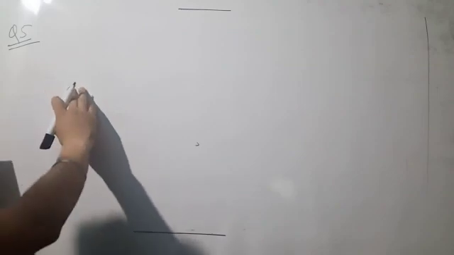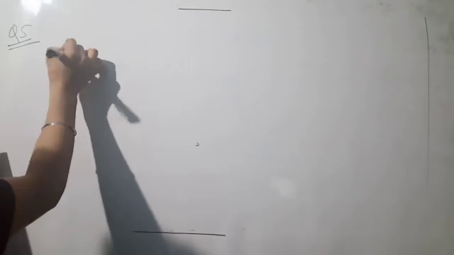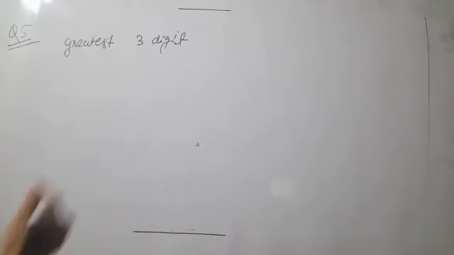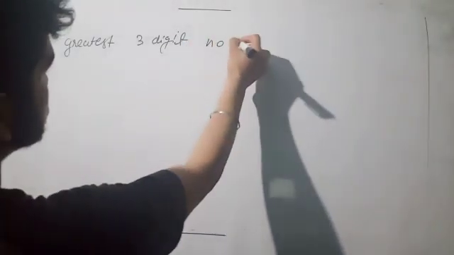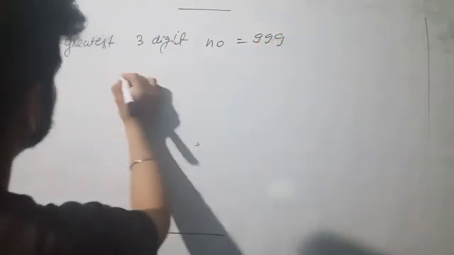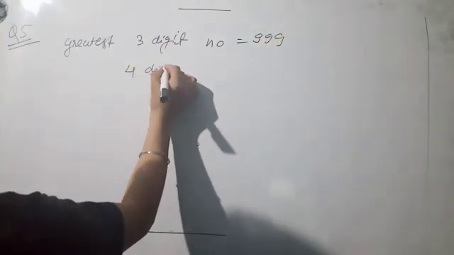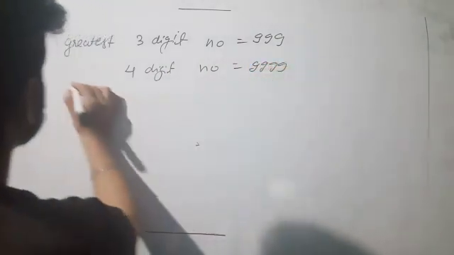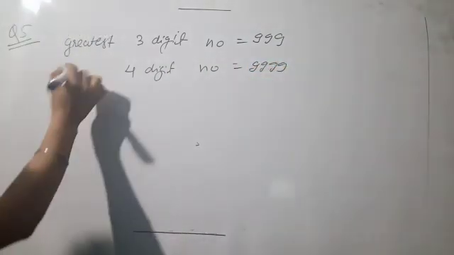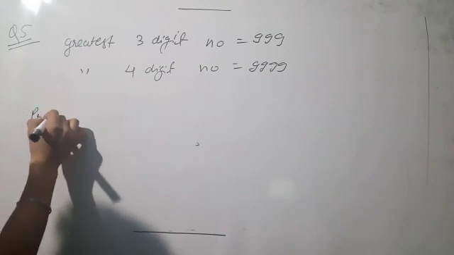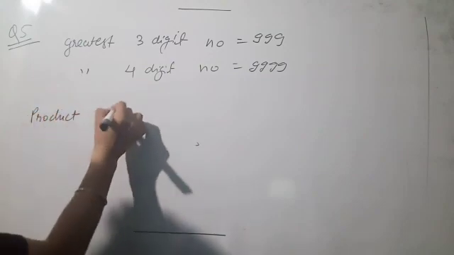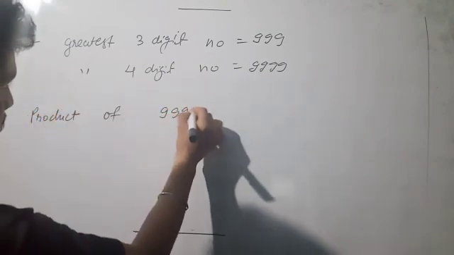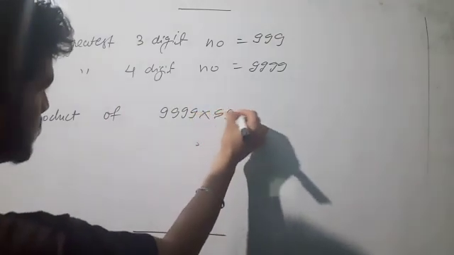Question number 5. Determine the product of the greatest 3 digit number and the greatest 4 digit number. The greatest 3 digit number is 999, and the greatest 4 digit number is 9999. According to the question, we have to multiply both numbers. So the product of 9999 into 999.